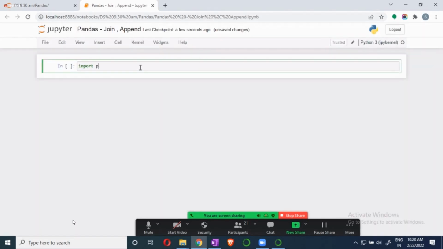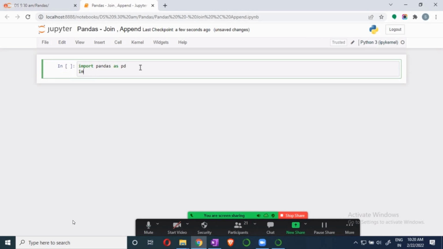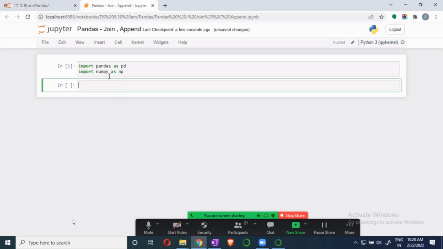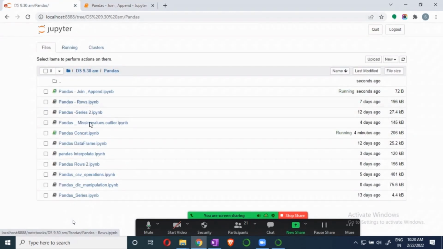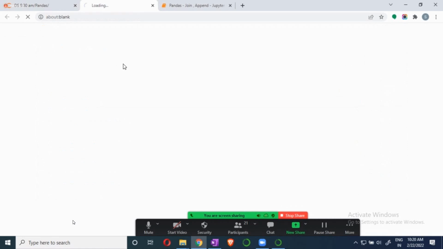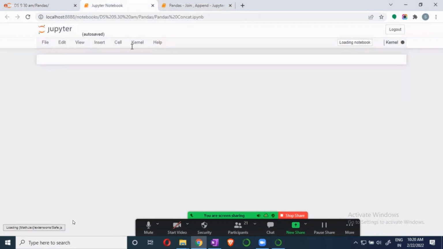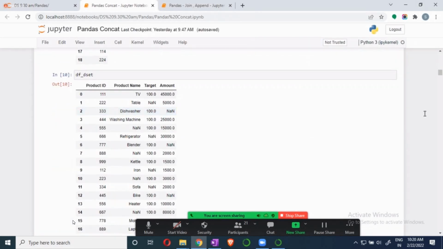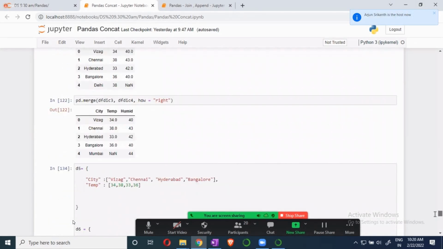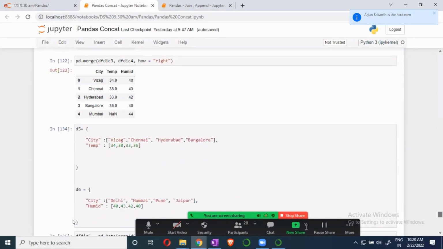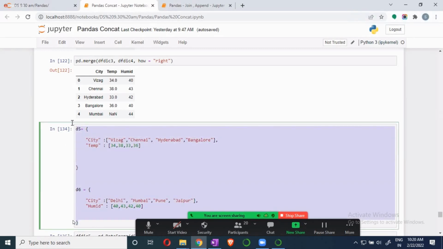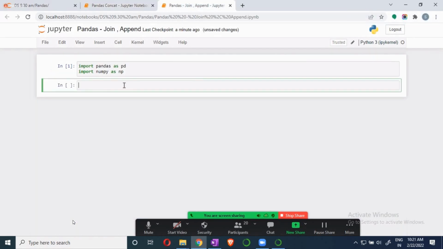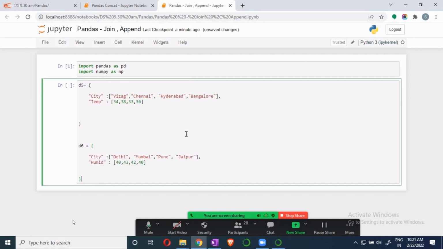Now import pandas as pd, import numpy as np. Okay. Now I will take a dictionary over here. Join, you can take it as concat.